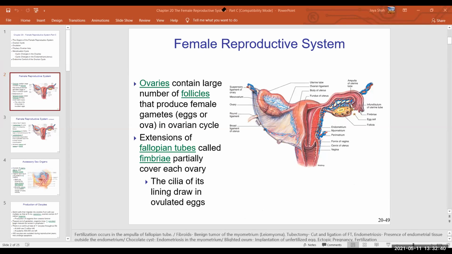Blighted ovum. Okay, blighted ovum. So when this egg is released, sometimes it is picked up by the infundibulum in the ampulla and comes here fast. The egg is viable for almost 72 hours. If there is no sexual intercourse or no sperm reaches the egg, the egg will die. But sometimes this egg runs very fast and implants in the uterus even before fertilization or without fertilization.